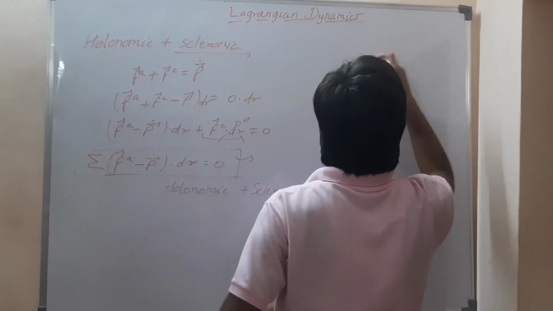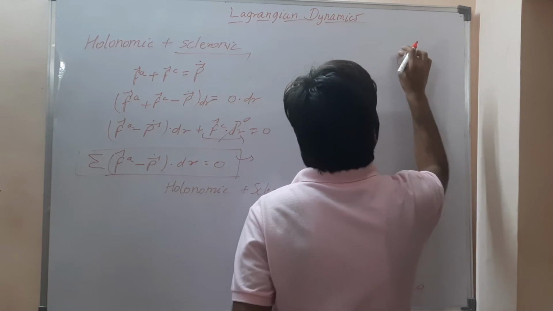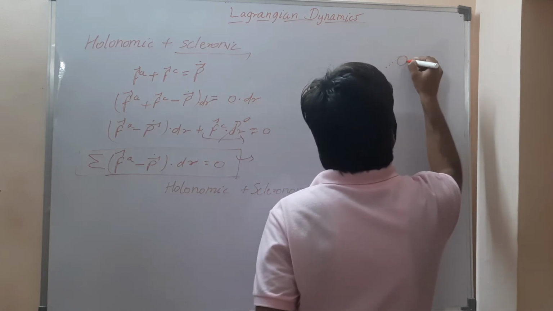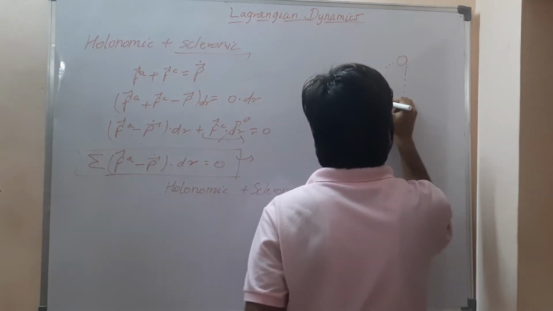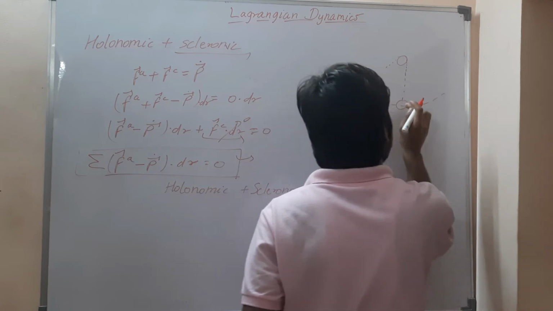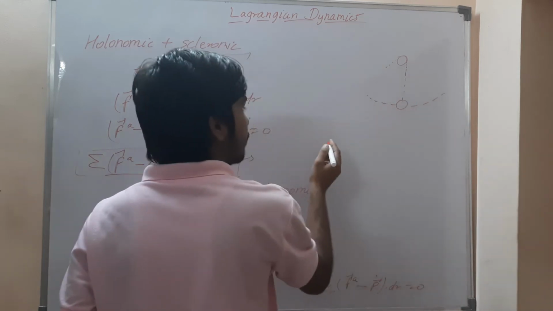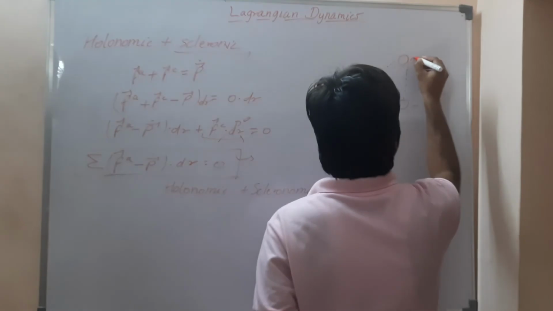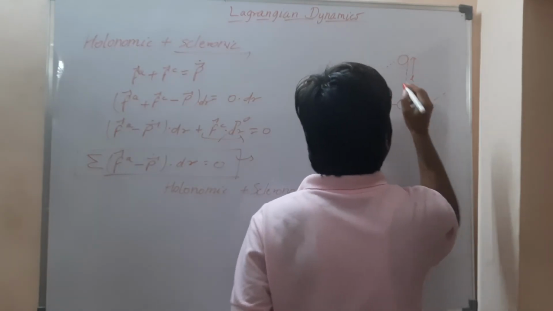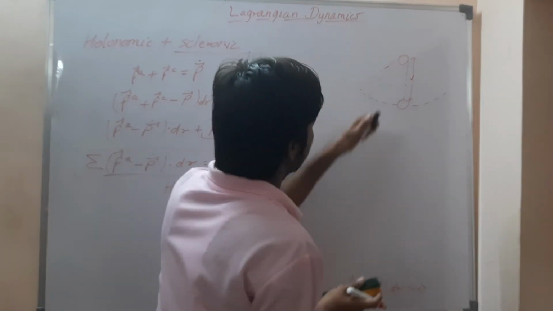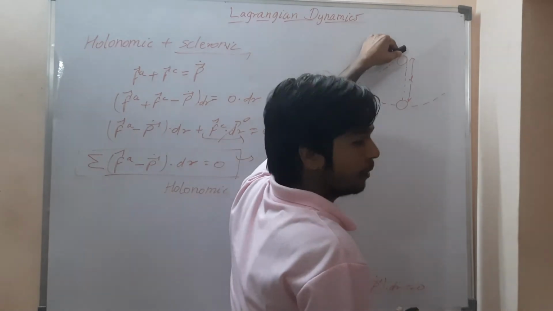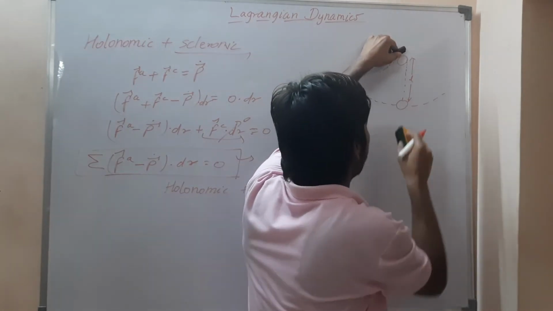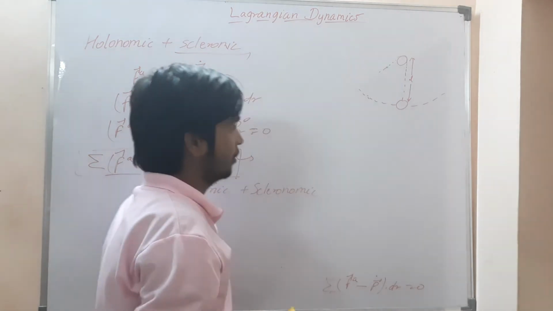Same example I will take. This is my pulley and this here. And this length L can be changed according to time using this one. If I give some rope here, it will go down, and if I pull that, it can be made shorter.